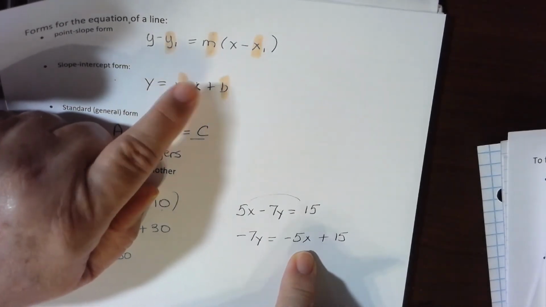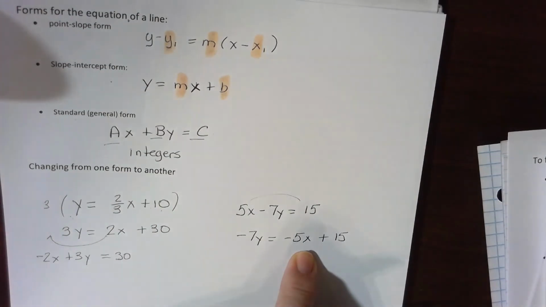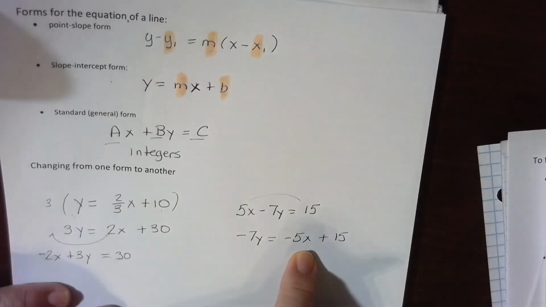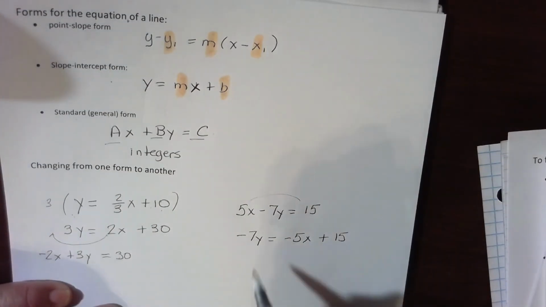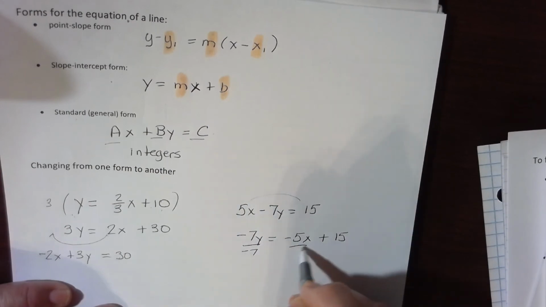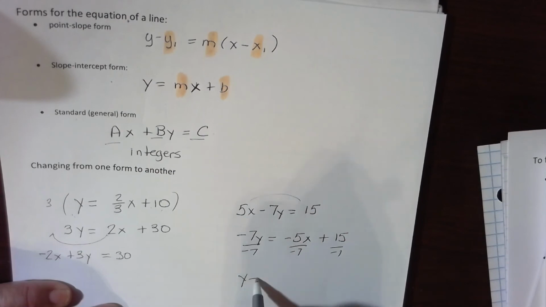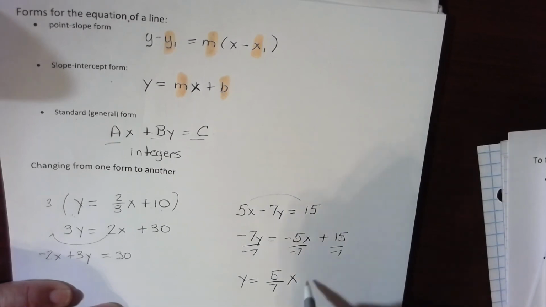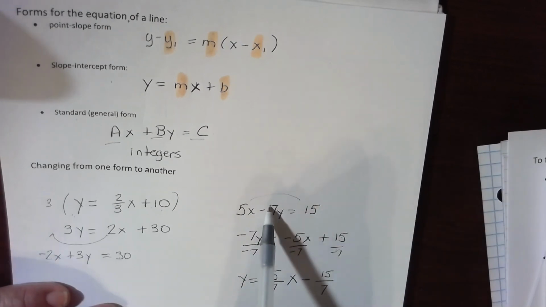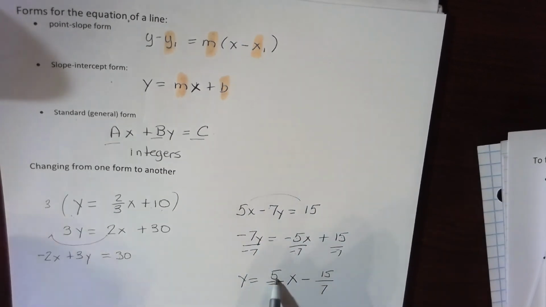I want my x term first in order for it to be in slope-intercept. Then I'm going to divide everything by -7, and I'll get y equals negative divided by negative is positive, and 15 divided by -7 is negative 15 over 7. So that's how you go from standard to slope-intercept.